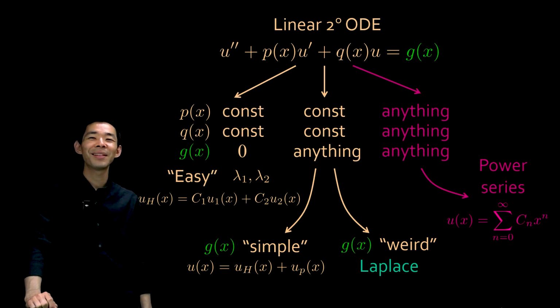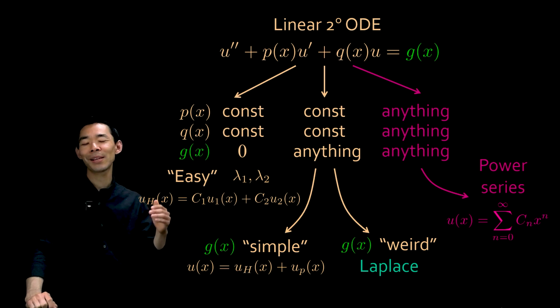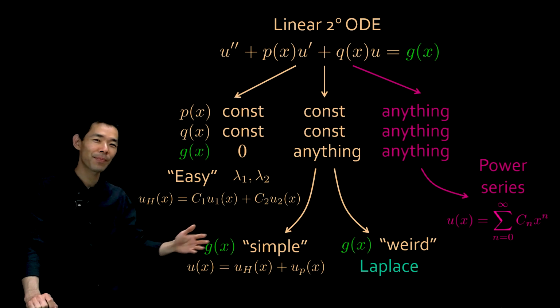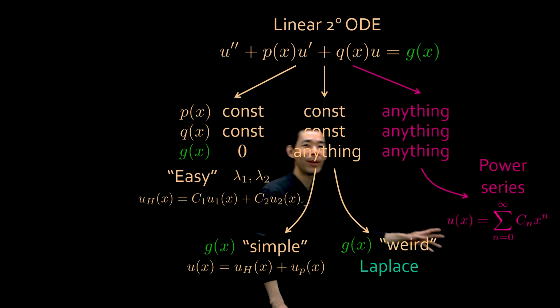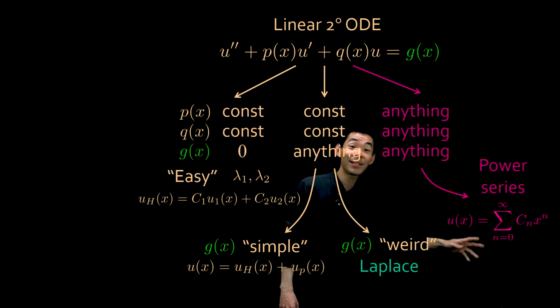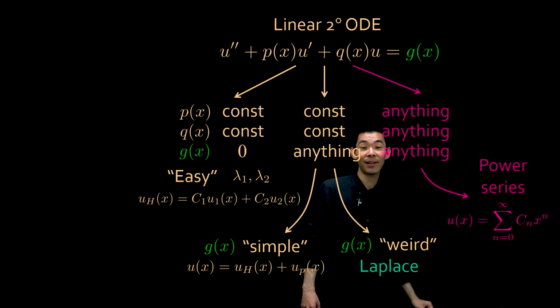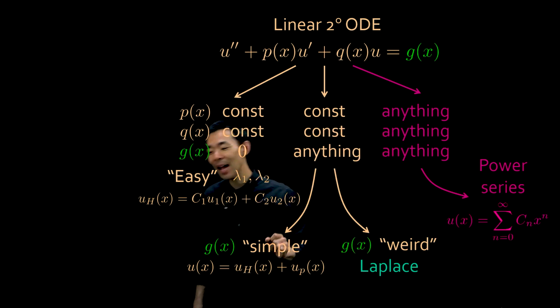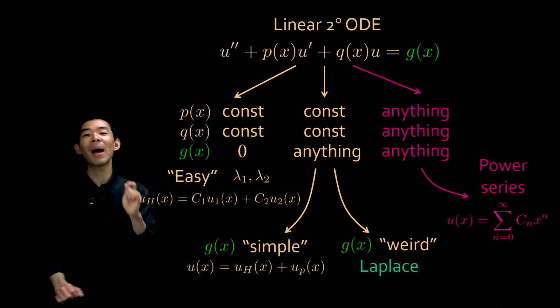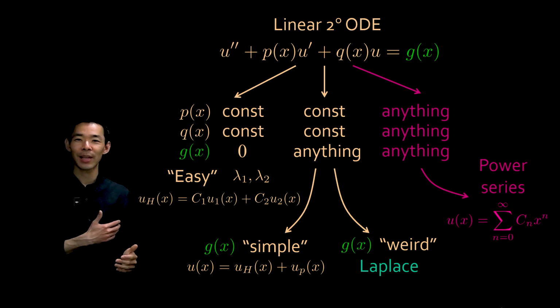In that case, the solution procedure is what's going to be called the power series approach, shown here on the right, where you express your solution as an infinite summation of powers of x. Each power has a coefficient c sub n associated with that particular power, and you add up all the solutions together.